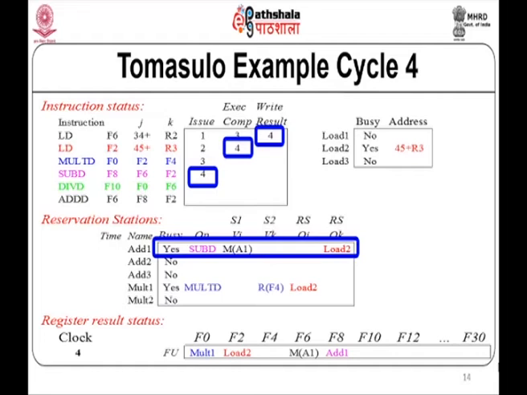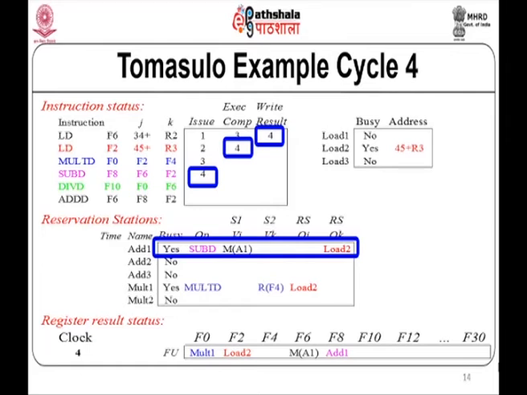As we have already indicated, F6 will take in the data. If any reservation stations are waiting for it, they would also take it, but here we do not have any reservation stations waiting for that data. So, only F6 gets that data. Meanwhile, load instruction 2 also has finished execution. So, execution is complete.